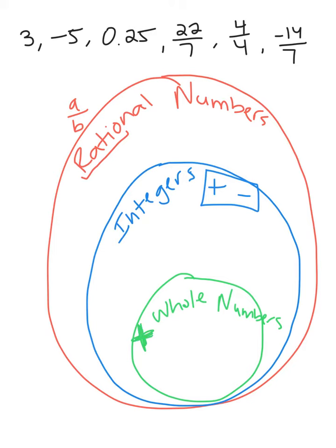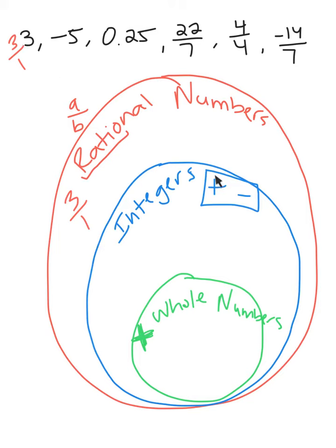So I'm going to look at my first number up here. I have 3. Remembering what I said earlier, 3 can be written as 3 over 1. So I know, since it's written as a ratio, that it is a rational number. Well, let's see if it fits into the next category. Does it have to be written as a ratio? Well, no, because I have that right here. It doesn't have to be in this ratio form.